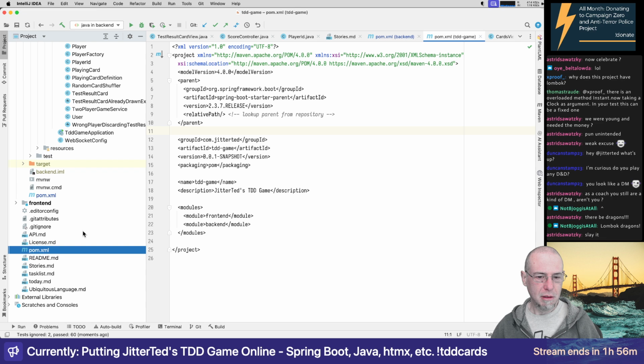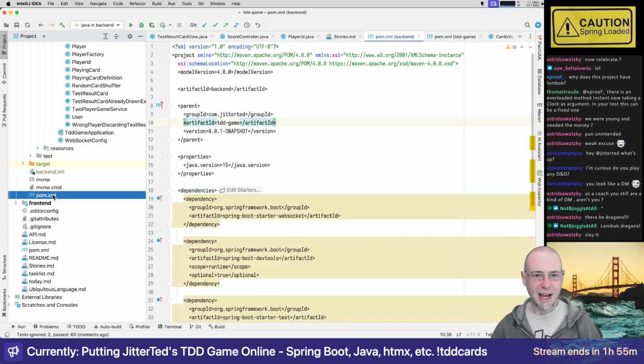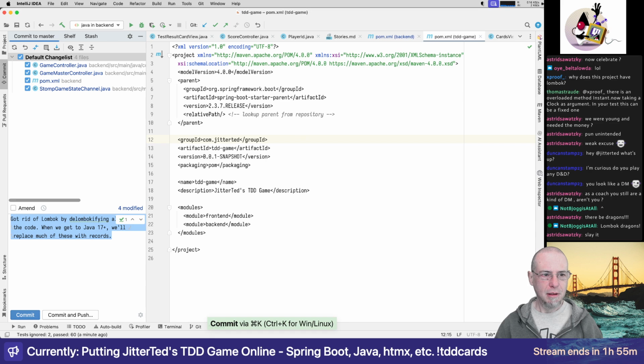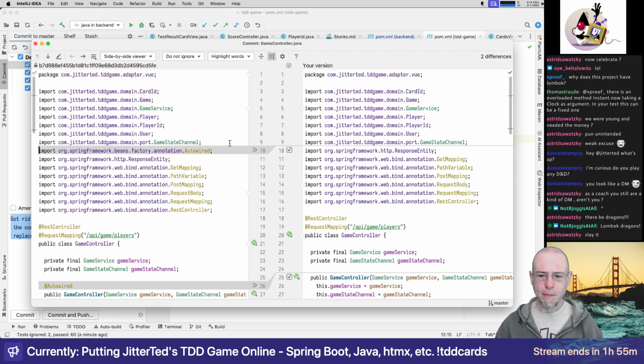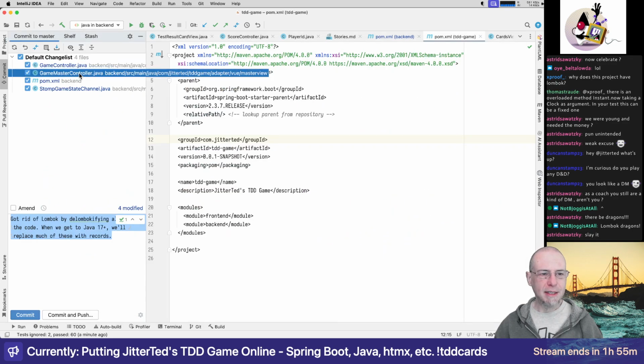Oh, that's weird. Did I run it at the wrong level? Did it do anything? Hold on. What the heck happened? I am confused. It did change stuff. Well, it removed my autowireds. I could care less about that. In fact, I like my autowireds.